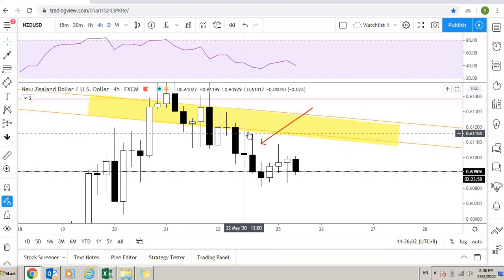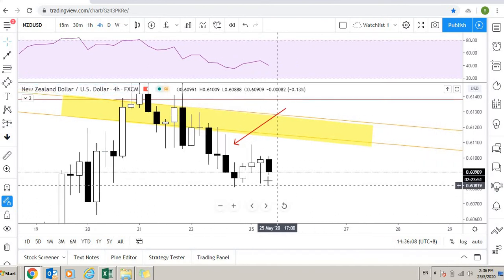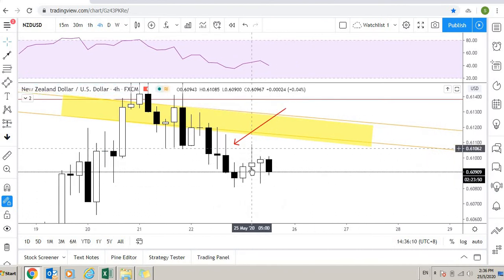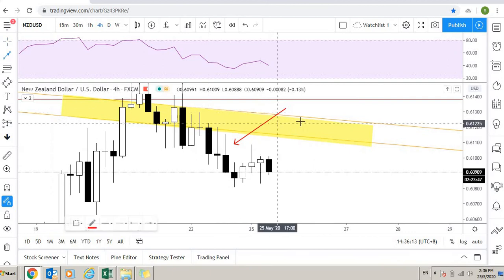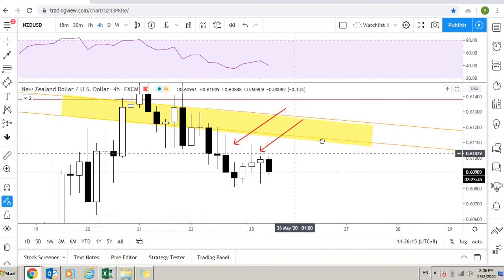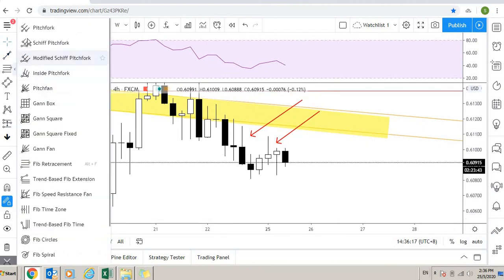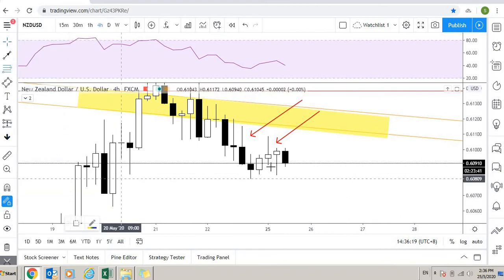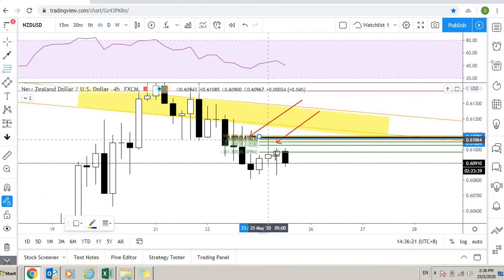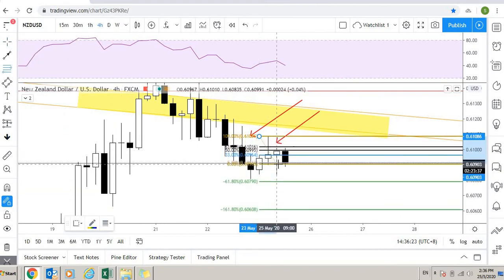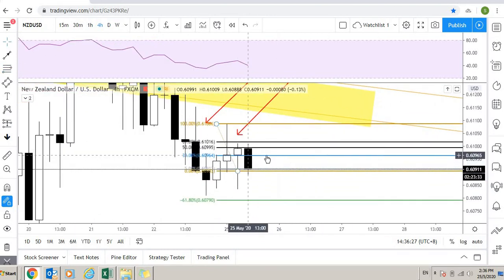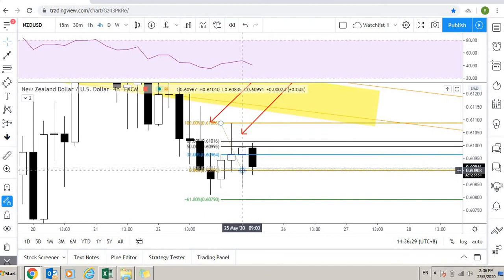So to me, this is definitely a bearish bar. After this bearish bar, this also can be considered an entry signal. Let me check, is it 33%? Yeah. We can see the yellow line is 33%.